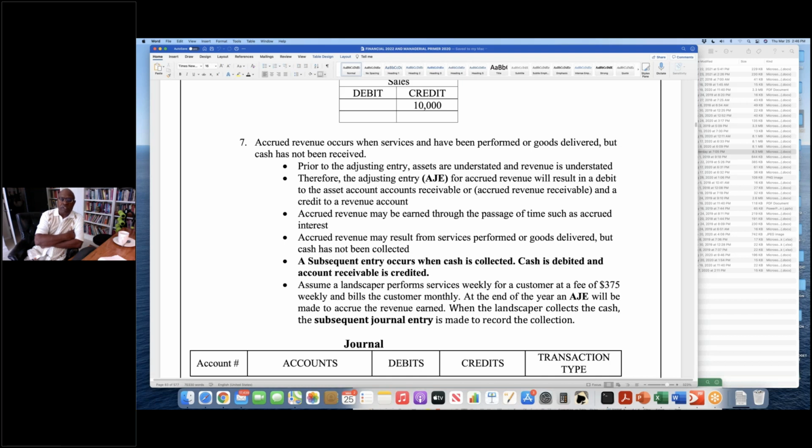Therefore, an adjusting entry to accrue revenue will result in a debit to the asset account, accounts receivable and others, and a credit to the revenue account. And so we can have the passage of time, such as interest, or delivery of goods, such as goods and services. A subsequent entry occurs when the cash is collected and cash is debited. So the adjusting entry occurs first, then a subsequent entry involves cash.